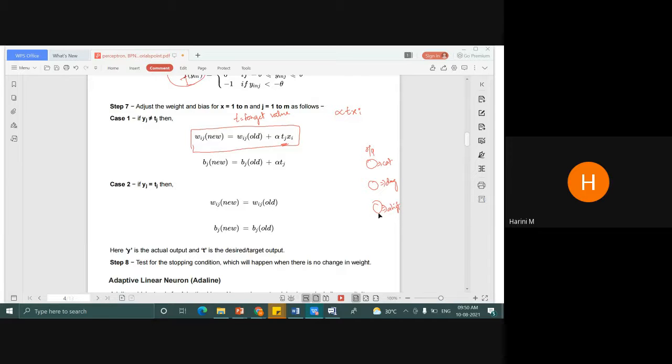For example, the network is giving the output as cat. So this is going to be output 1, this is output 2, this is output 3. For each type of output I have my target value.